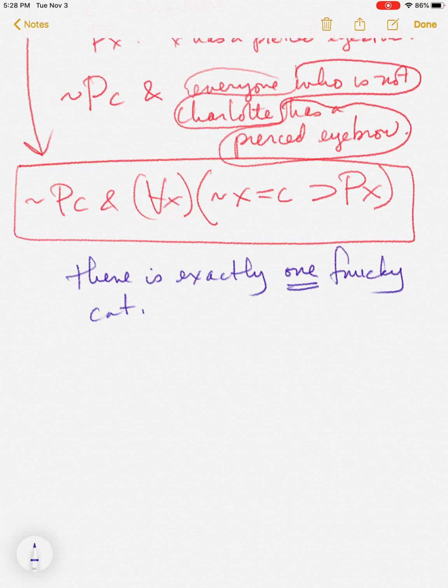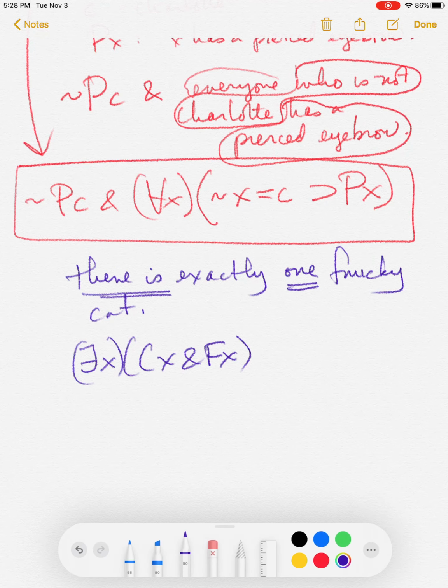Okay, well, that's going to be an existential claim, right? You're asserting the existence of something that is the sole finicky cat. So we know how to say there's at least one. So that's how we say there's at least one finicky cat, right? But now we want to say he's the only one. There's no other. And here's how you do that.